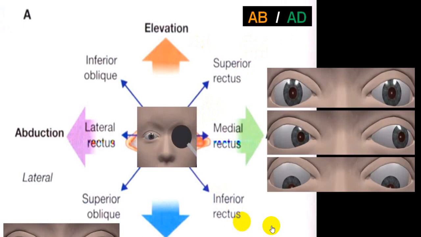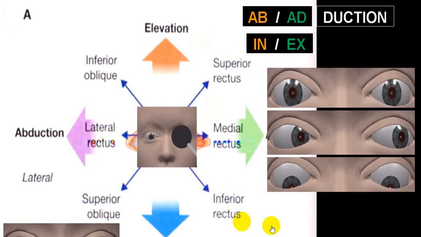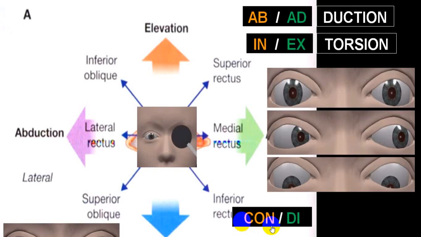And the terminology utilized is the same: abduction, adduction, intorsion, extorsion. Then there are the words divergence and convergence. When both medial recti are working, we call it convergence, and when they go away, we call it divergence.